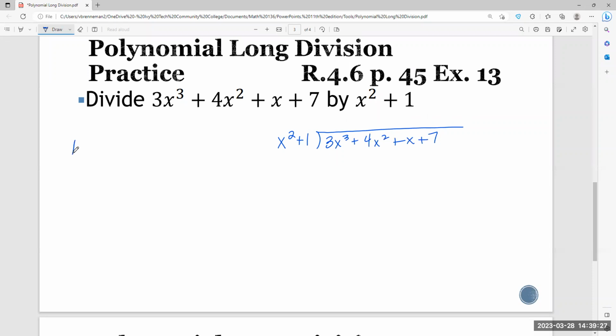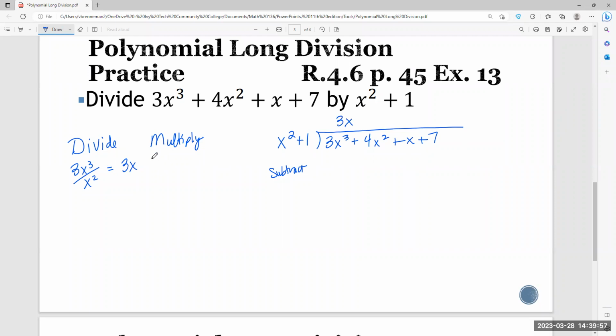And I'm going to have my division steps and my multiplication steps, and then the subtraction happening down here.